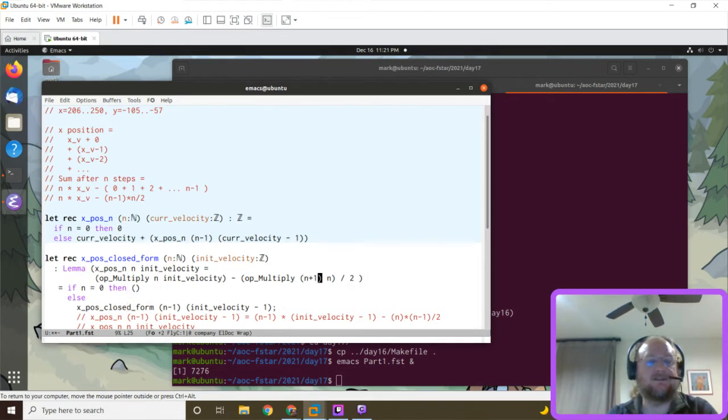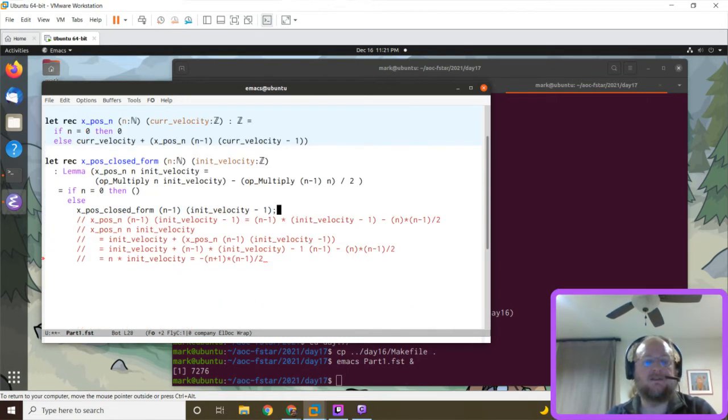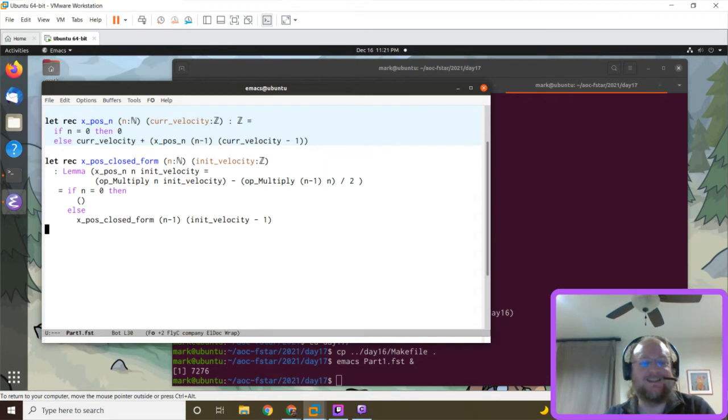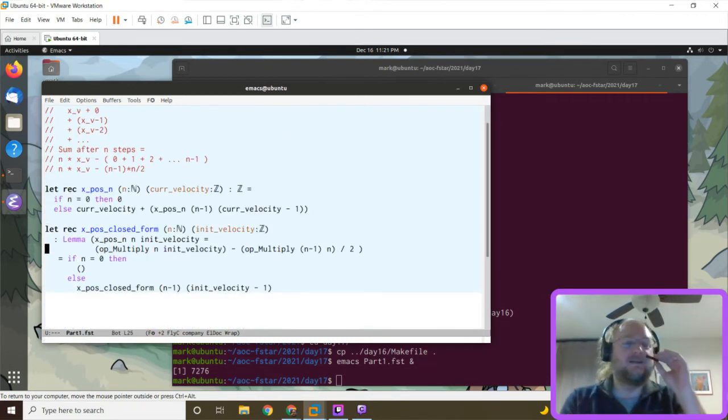All right, so let's try this again. Minus 1. All right, we get the formula right, we can prove it. So we found my bug. Didn't tell me what my bug was, but it definitely told me I made one. All right.